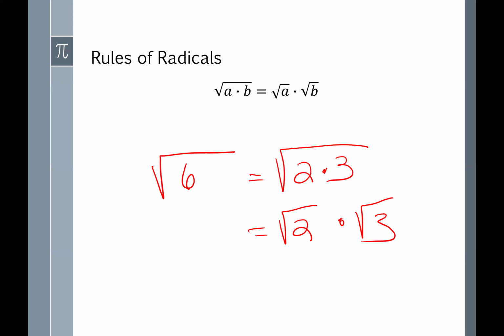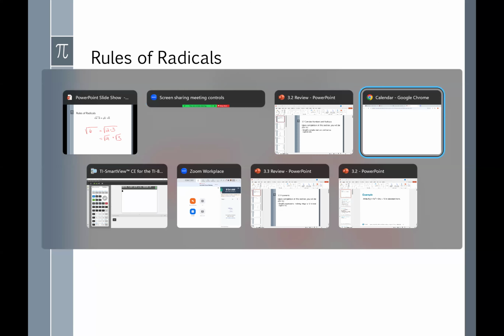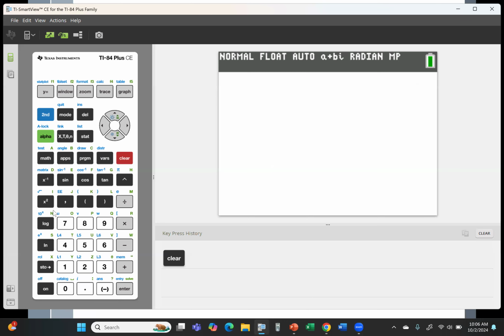And you can prove this to yourself by just doing it on your calculator. So if you want to show that the square root of 6 is the square root of 2 times the square root of 3, you can do that. The square root button is above the x squared button on your calculator.